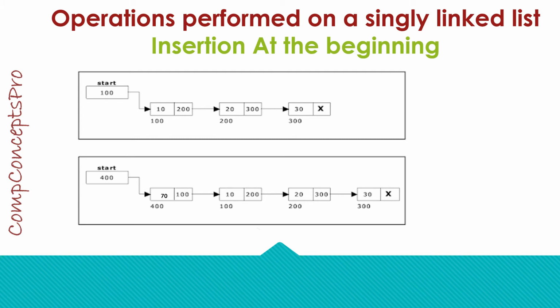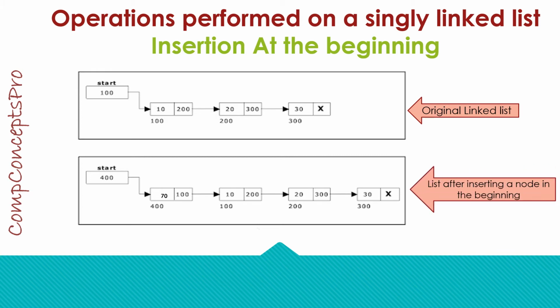So this is our original linked list. And this is the list after inserting a new node at the beginning of the list. So as you can see here, the value of the head or start pointer has been changed now, because a new node, which is now the first node of our linked list, is located at some other memory address.